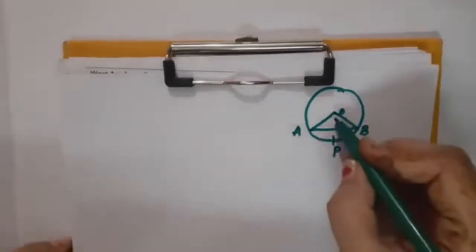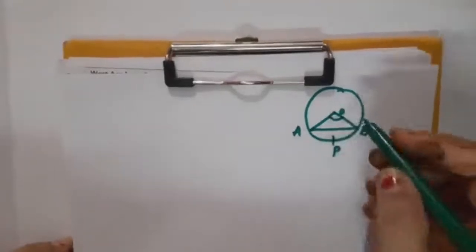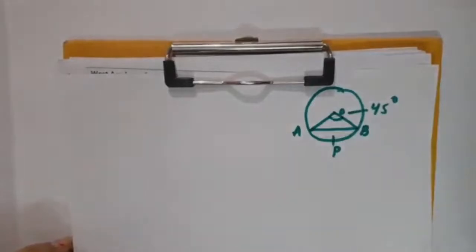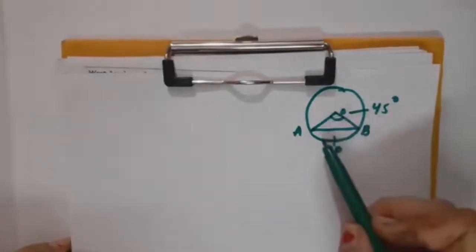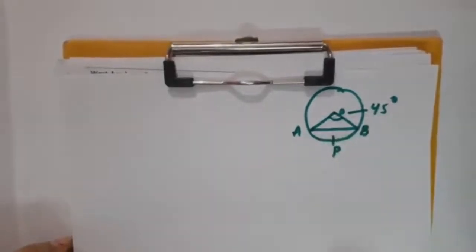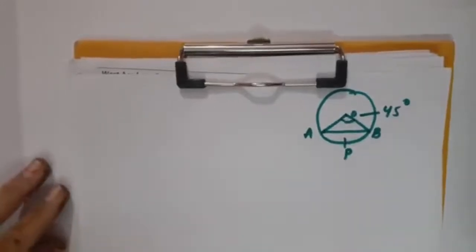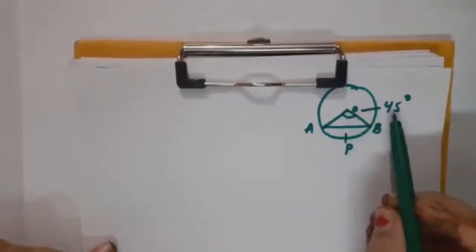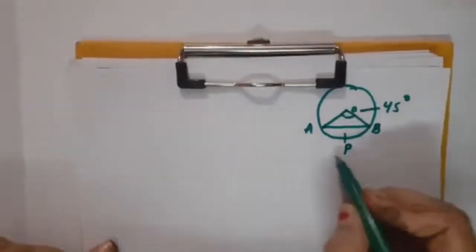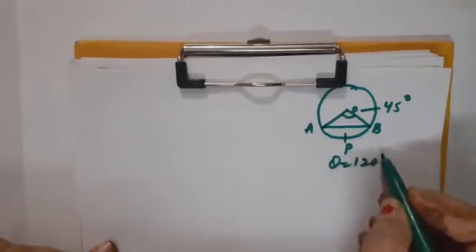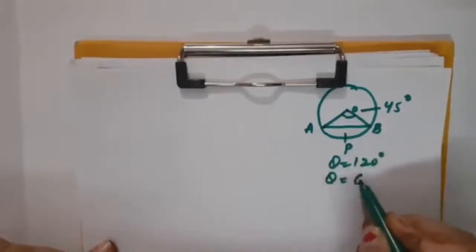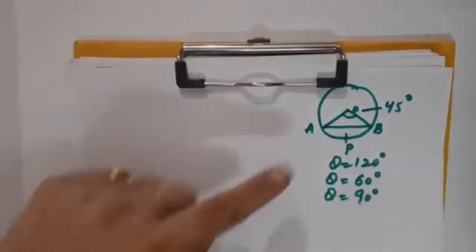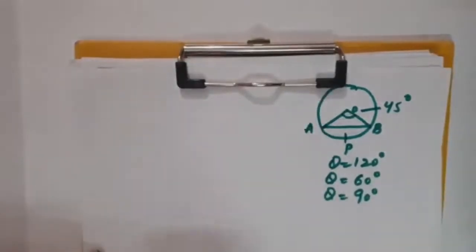Now I am going to tell you, if this center angle is of 45 degree, then how will you calculate the area of the segment? Fine. So everyone please be alert. This concept will not be applicable only for 45 degree. It will be applicable if theta is 120 degree, which I have taught you, if theta is 60 degree, and of course if theta is 90 degree. Means for each case this formula will be applicable.